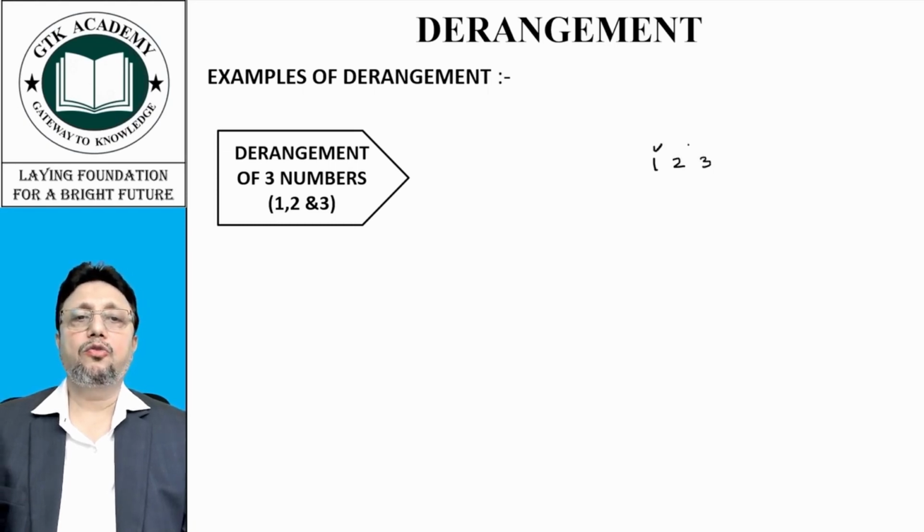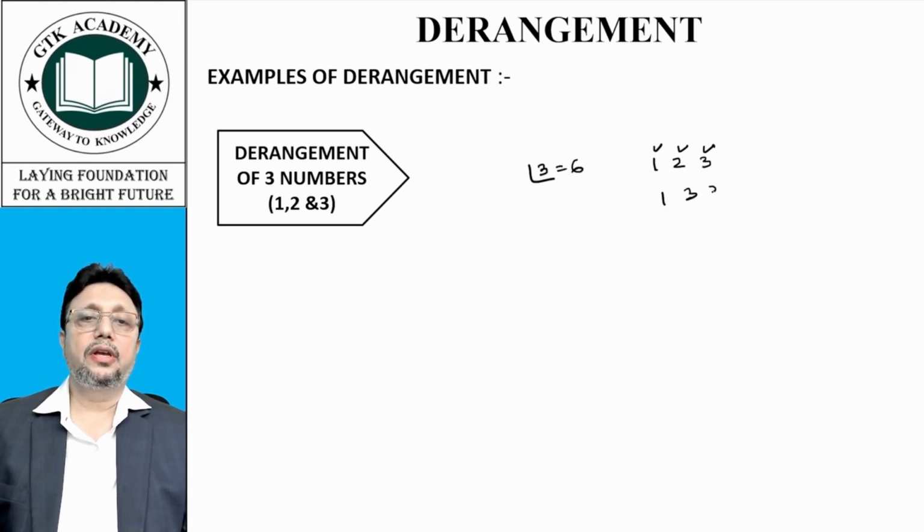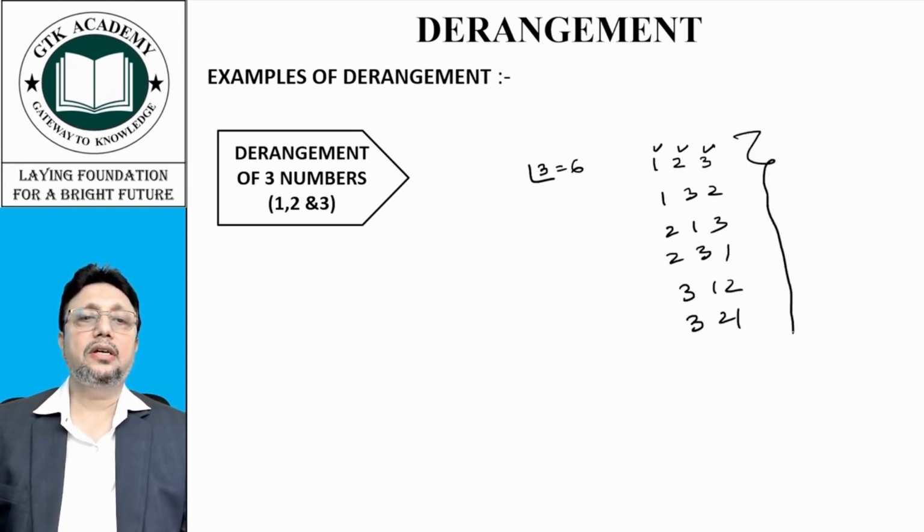This is the place of 1, this is the place of 2, and this is the place of 3. Now I have already told you that we can permute this in factorial 3 ways, that is 6. That is 1, 3, 2, 2, 1, 3, 2, 3, 1, 3, 1, 2, 3, 2, 1. So these are the 6 ways.